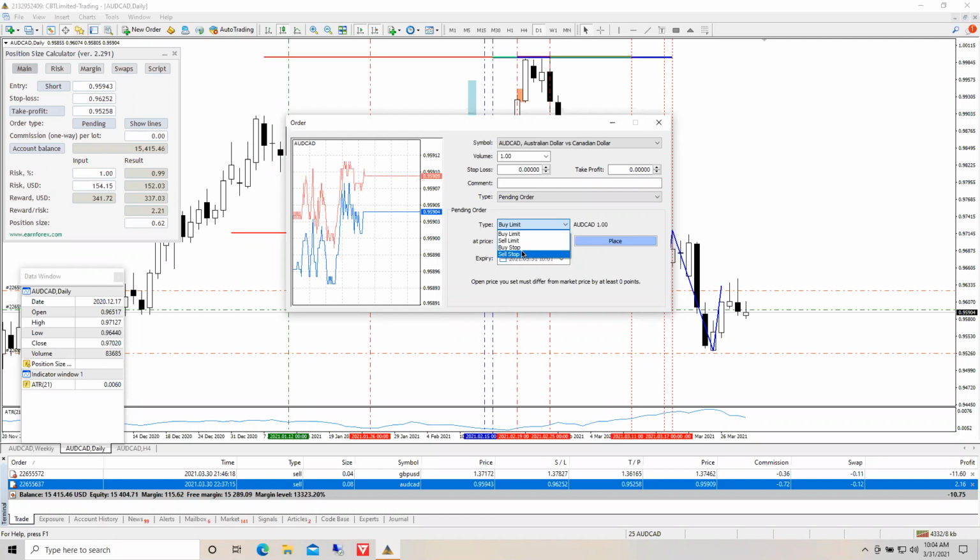Now, slippage is simply when the broker gets around to executing your order at a slightly different price than what you requested. In principle, that can work both ways. It can work in your favor or against you, but that really depends on whether you've got a broker that's on your side or not.